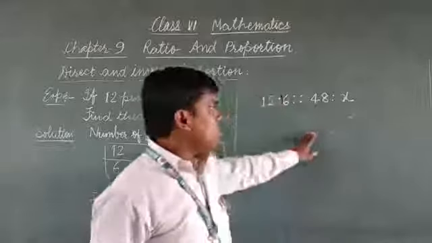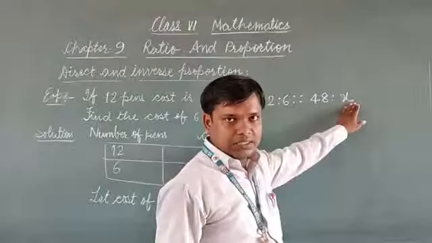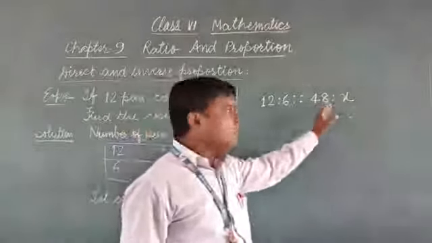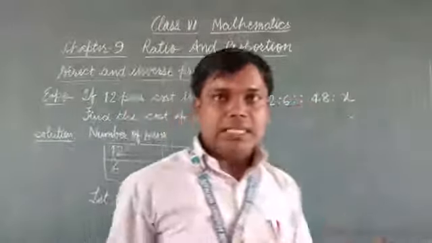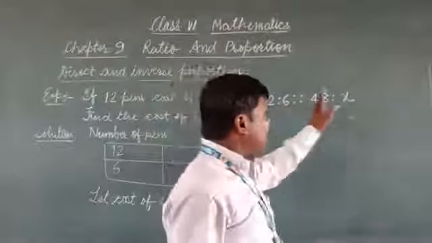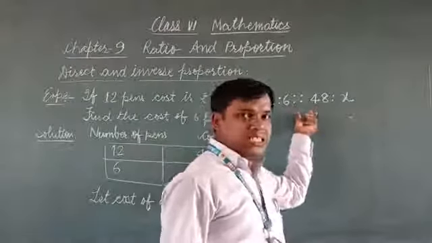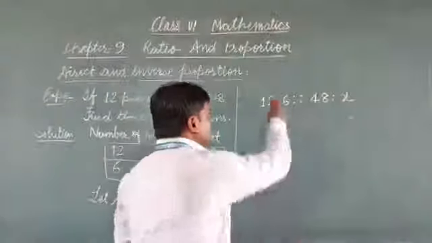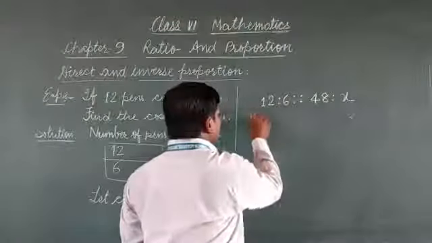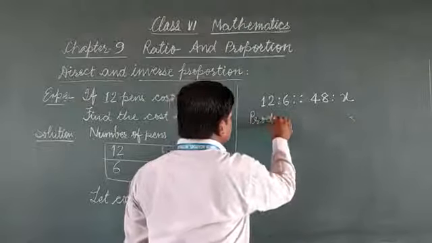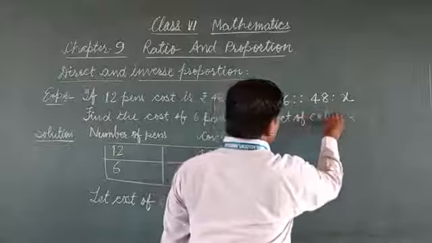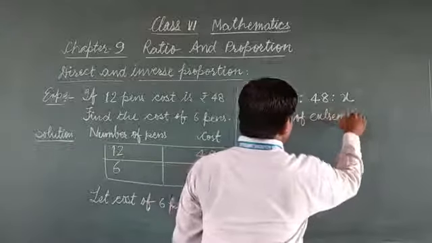Now we have to find the fourth proportional. These quantities are in proportion. You have studied the product of extremes is equal to the product of means, when the given quantities are in proportion. So here we write the product of extremes.